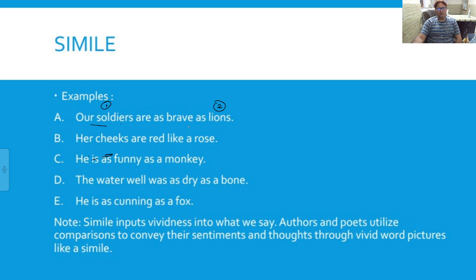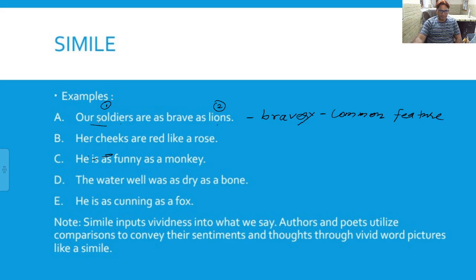One is human, another is animal, still they are being compared. Why? Just because of one common feature or characteristic between them, and that is bravery. Just because of this common feature, the comparison has been possible.